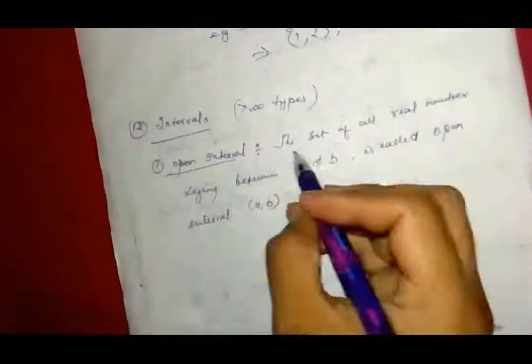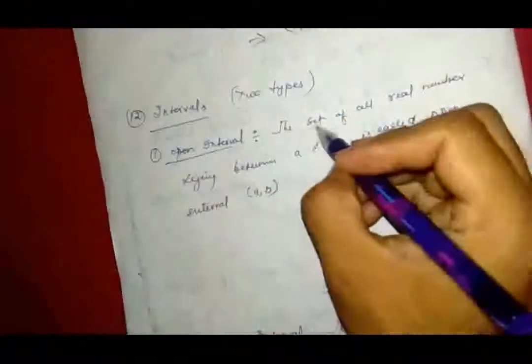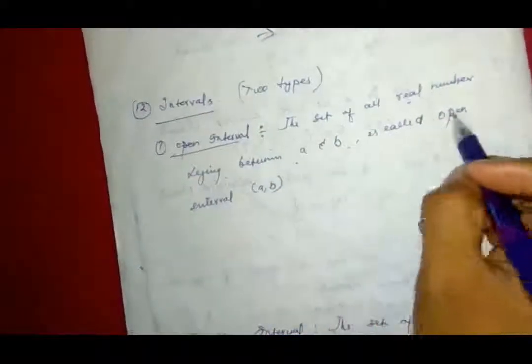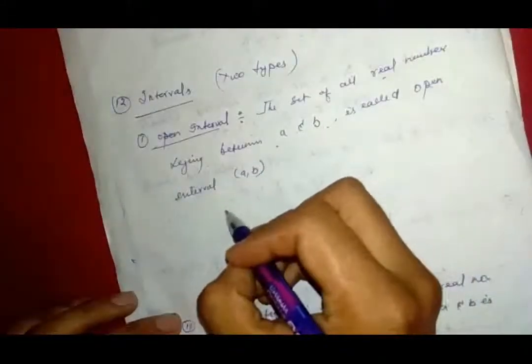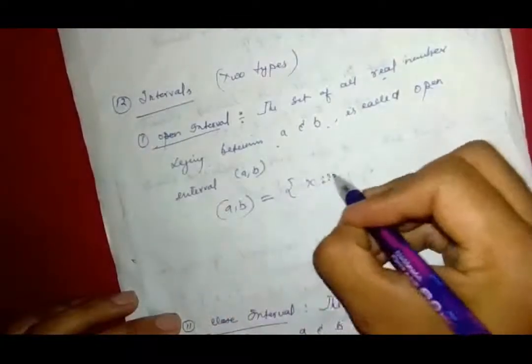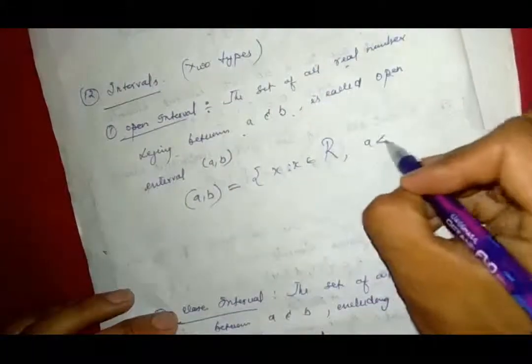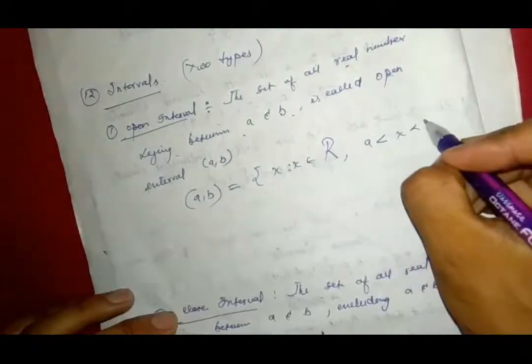Now for the intervals, there are two types of interval, that is open interval and the second one is closed interval. The first one is open interval. A set of all real numbers lying between a and b is called an open interval, which symbolically we define as (a, b) equals the set of x belonging to the real numbers R such that a is less than x less than b.